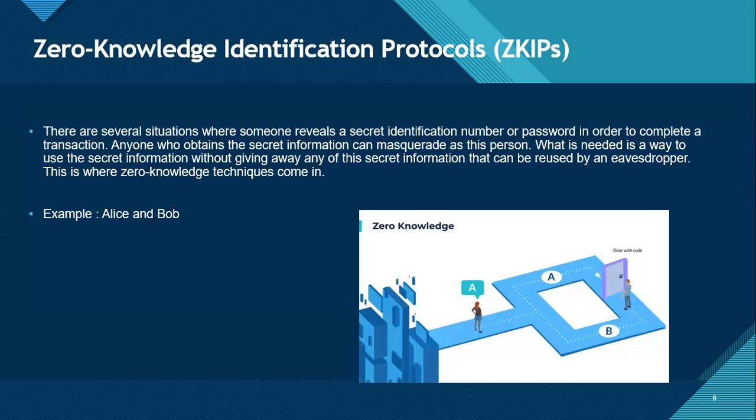Bob then goes to B and shouts to Alice to appear from either the right side or the left side of the tunnel. If Alice does not know the secret words, Open Sesame, there is only a 50% chance that she will come out of the side of the tunnel requested by Bob.